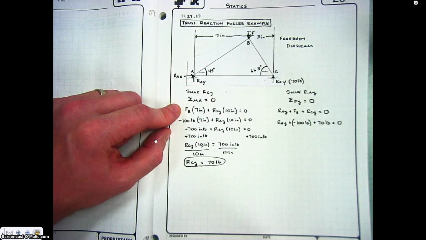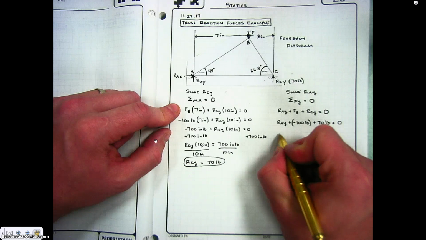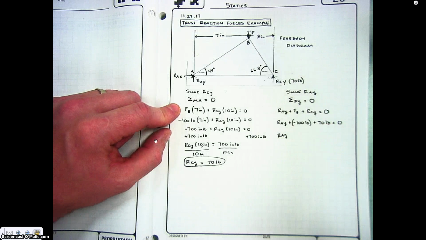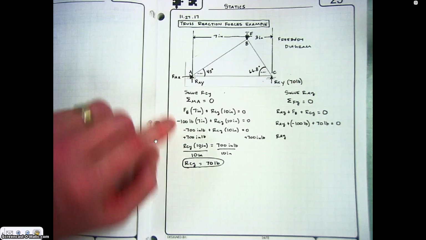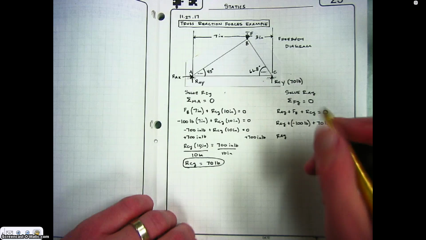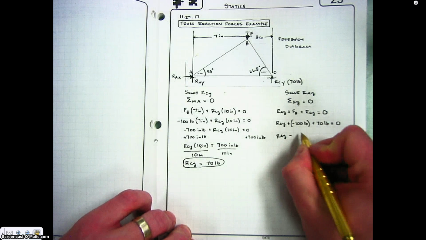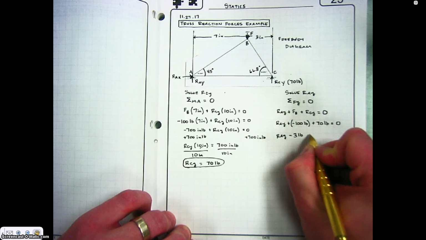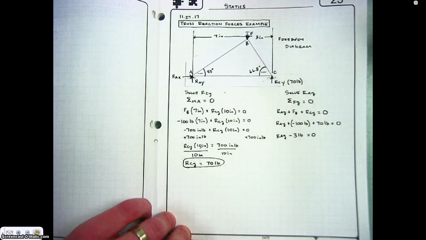So I can simplify my equation now. So I have RAY minus 30 pounds equals 0.